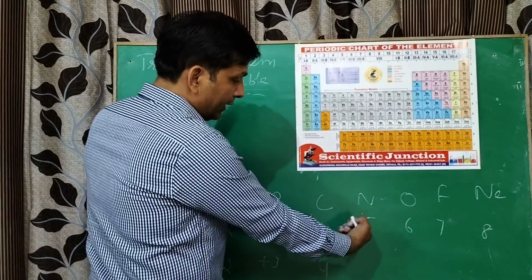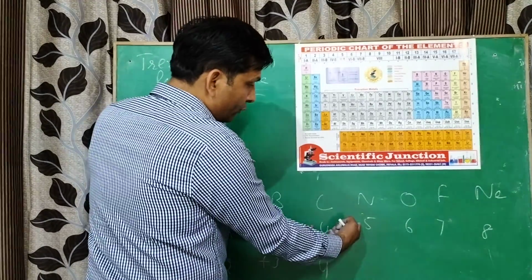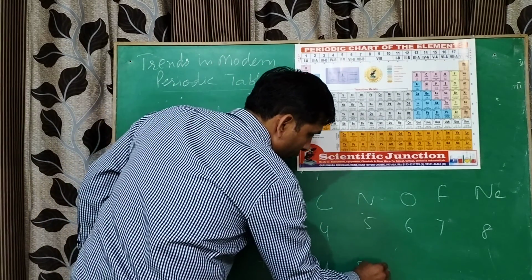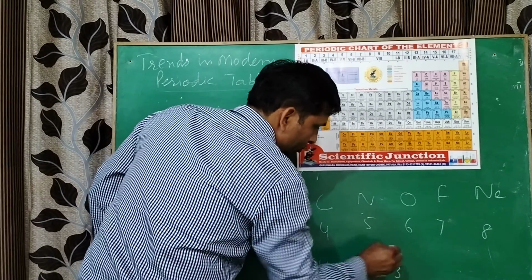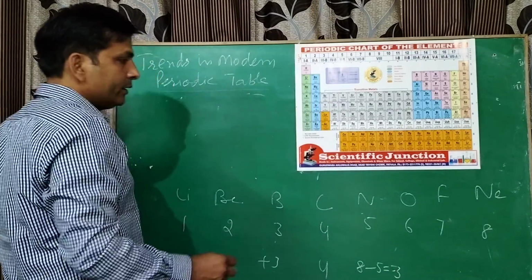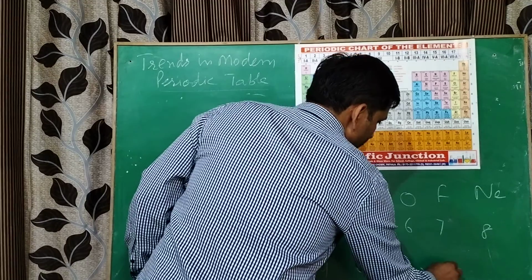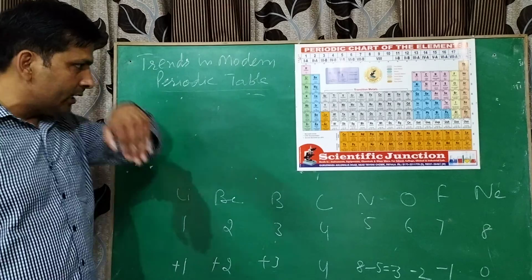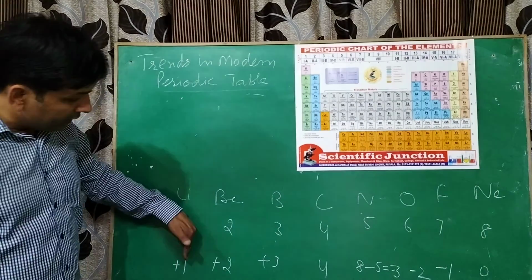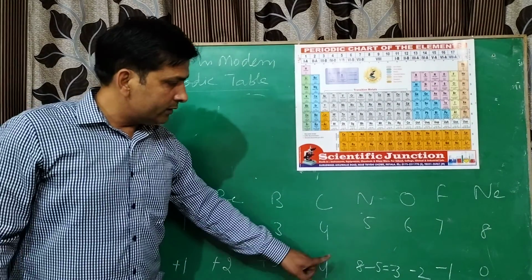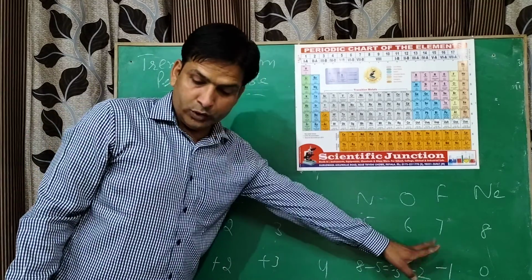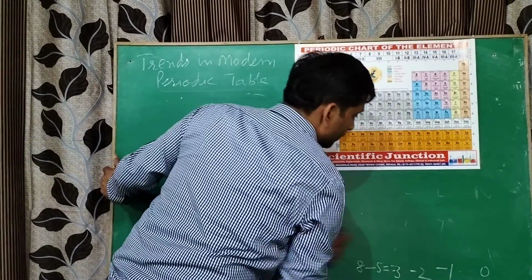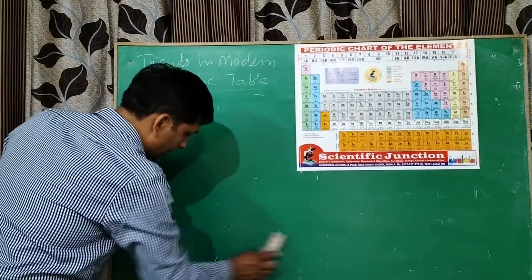When the valence electrons are more than 4, we find the valency by subtracting the valence electrons from 8, giving minus 3, minus 2, minus 1, then 0. Therefore, going from left to right in a period, valency first increases from 1 to 4, then decreases from 4 to 0. This is a trend that you should know. This was our first property or first trend.